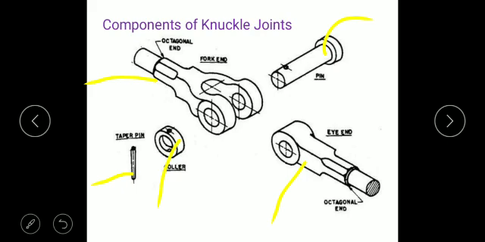The taper is provided for tightening the pin in the hole, and it is easy to remove from the assembly. It also gives proper fixing in the hole, so that the pin cannot be removed from the assembly if it is properly locked by either the taper pin or the split pin.